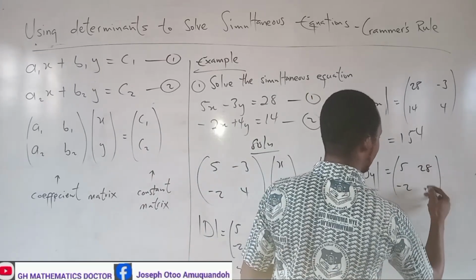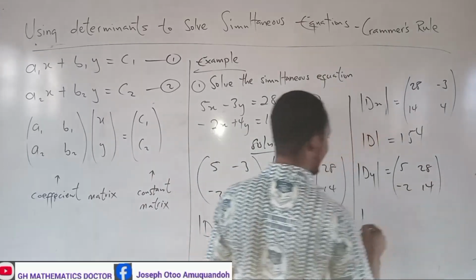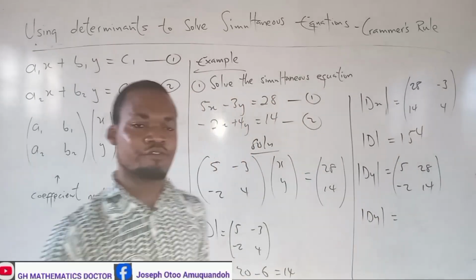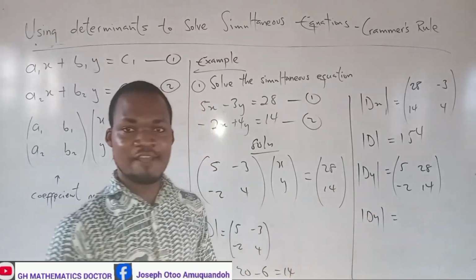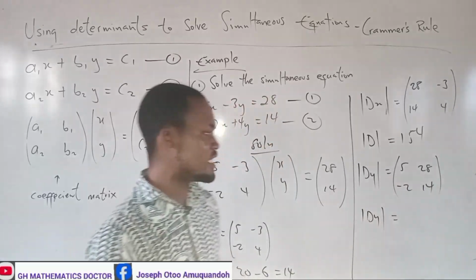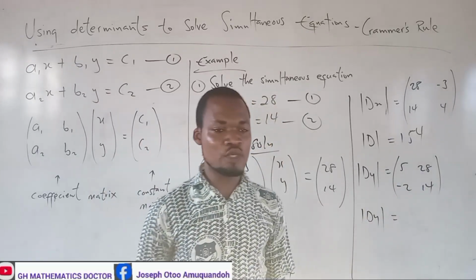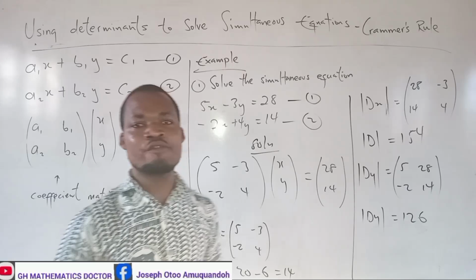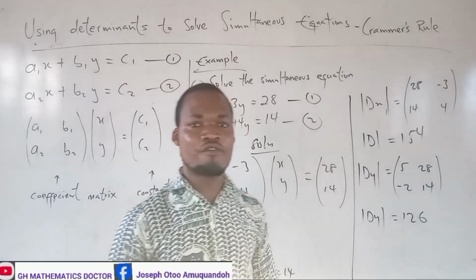I'm going to find the determinant in the same format: 5 times 14 minus 28 times -3, and that will give you 126.